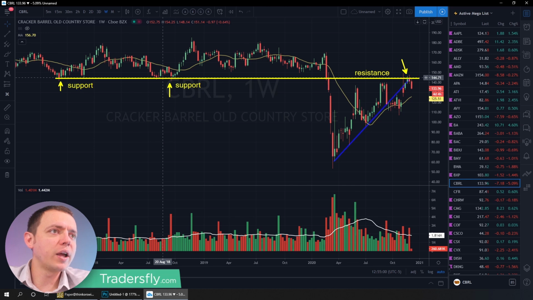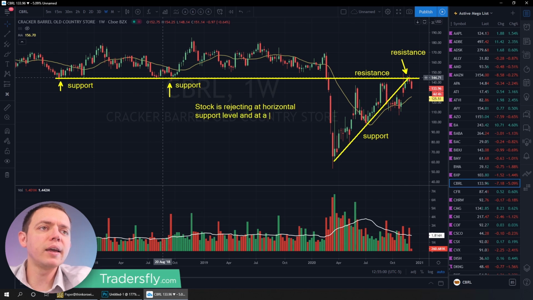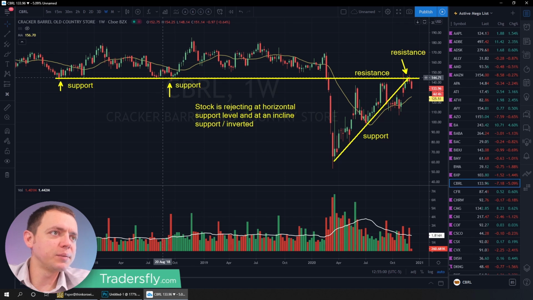We're kind of ramping up right here, and here was your earlier support again, and then now it's rejecting. So there's your resistance. The stock is rejecting at a horizontal support level and at an incline support, or it's kind of like the inverted one where it used to be support and now it becomes resistance.